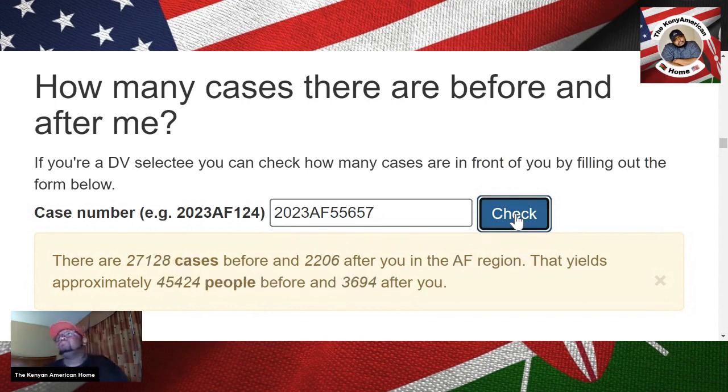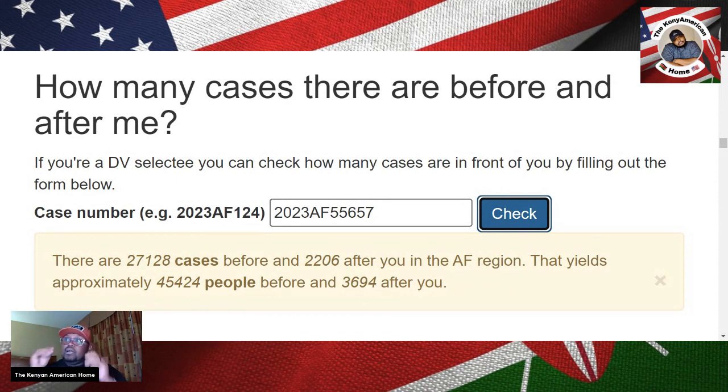For this case number, there are about 27,128 cases before you, and 2,206 cases after you. So there are approximately 45,424 people ahead of you, and 3,694 after you.